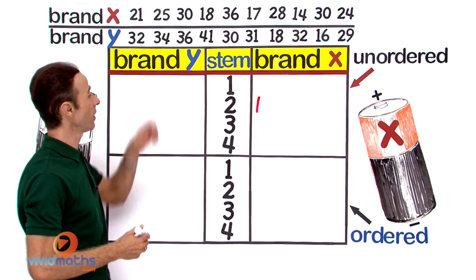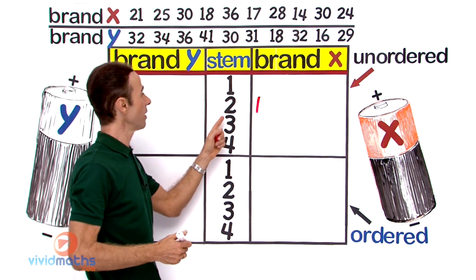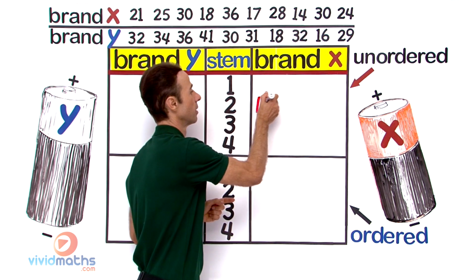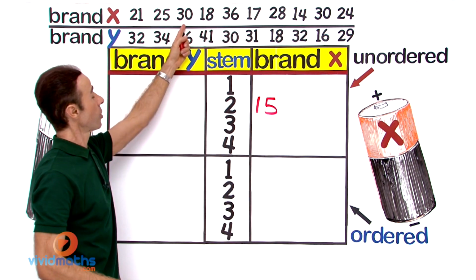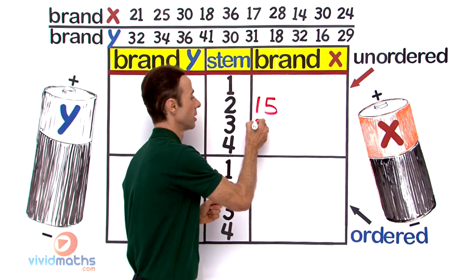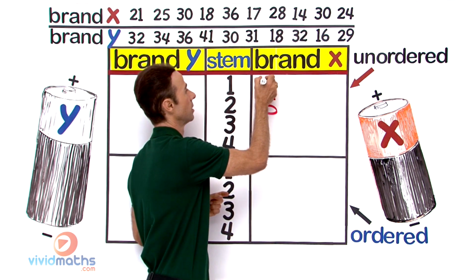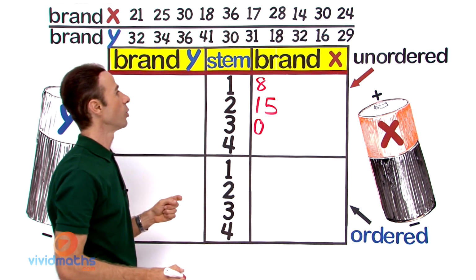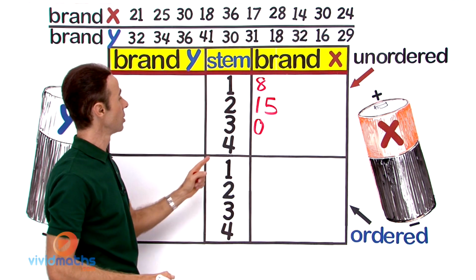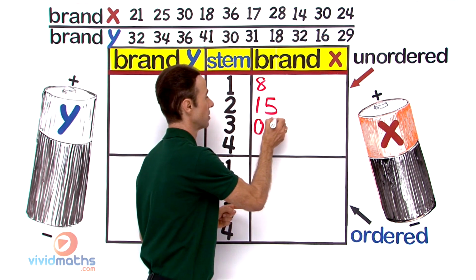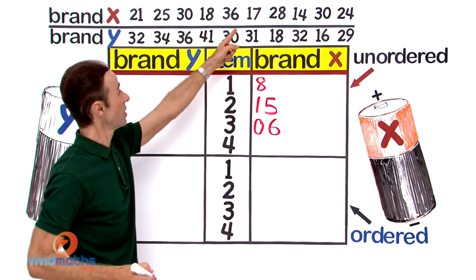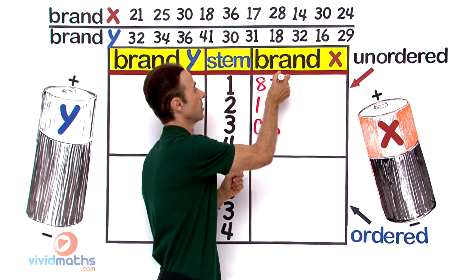The next one is 25. So 25 is 2, 5. The next score is 30, 3, 0. 3, 0 in the leaf there. Then 18, 1, 8. Then we have 36, which is 3, 6. Here we go. 17. 1, 7.